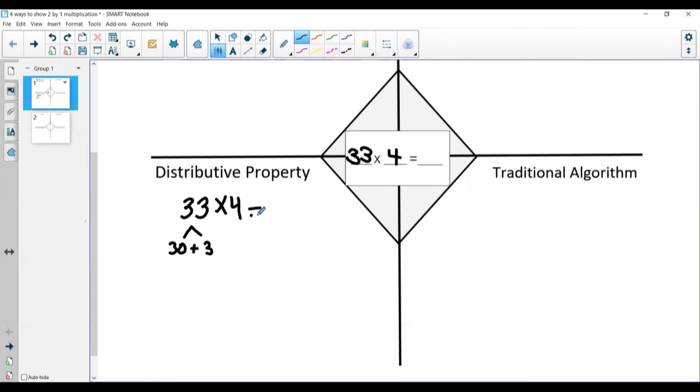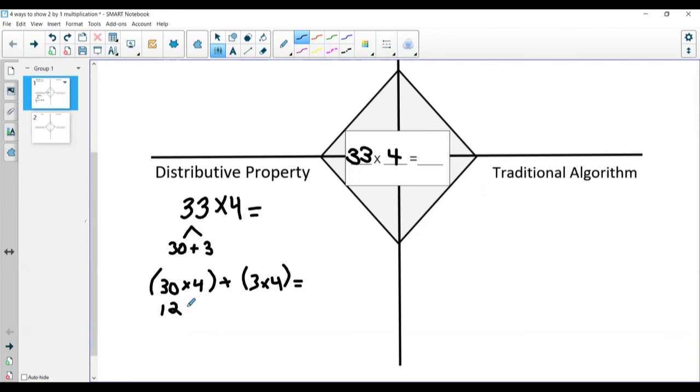I'm going to show in brackets 30 times 4 plus 3 times 4. So now I can multiply each of these. 30 times 4, 3 tens times 4 is equal to 12 tens.